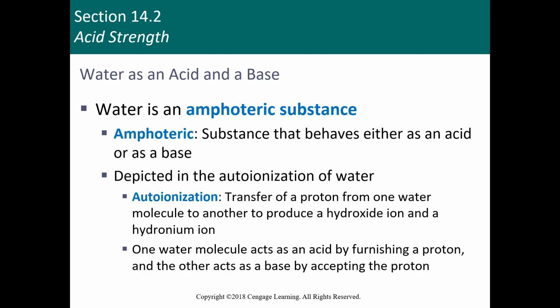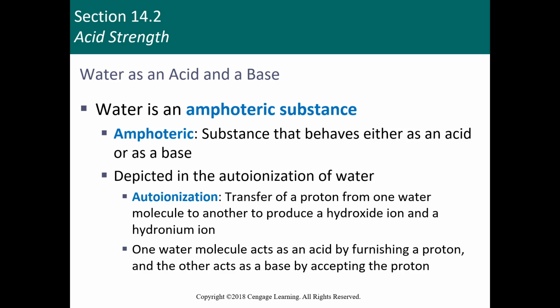Now, this is depicted in the autoionization of water. So water is both an acid and a base. What that means is that if you have water and it's with itself, like a glass of water, you can actually have water donate a proton, one water molecule donates a proton to another water molecule, which will then act as the base.